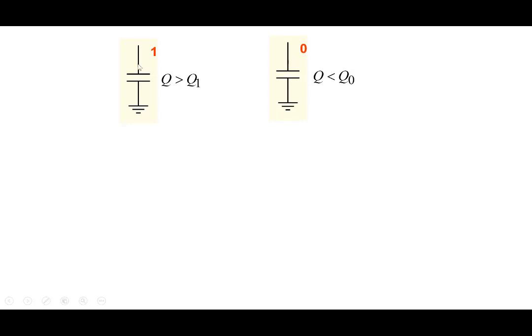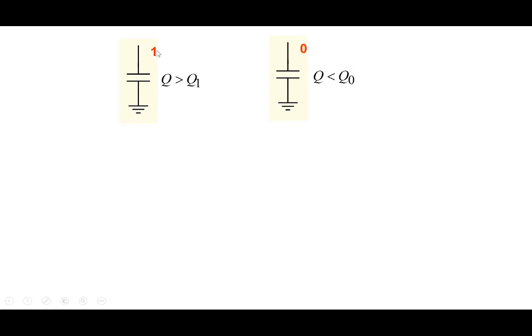When there's a sufficient amount of charge on this capacitor, the voltage across it will be Q by C. And if Q and C are reasonable, then the voltage across the capacitor would be high, and we call it logic 1. So you store a binary 0 or a 1 by storing charge on this particular capacitor. If there's no charge stored on the capacitor, there is a 0 stored. If there is a reasonable amount of charge stored, the voltage is high, and you have a logic 1 stored in the capacitor.